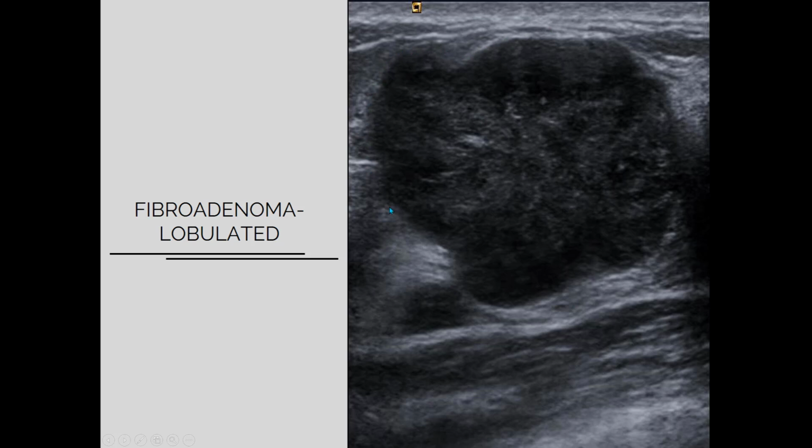You can see lobulation here. This is lobulated. But remember, this is macrolobulation. Macrolobulations are towards benign. If this is microlobulation then this is quite suspicious. But here we cannot notice microlobulation, we can notice macrolobulations.